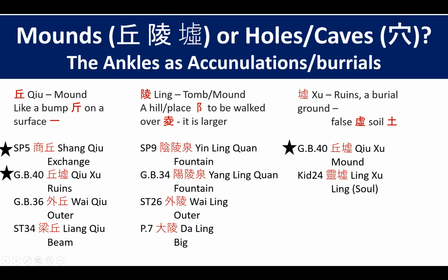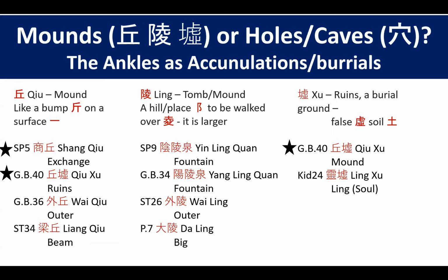So what we're seeing at the ankles is there's a whole bunch of things that accumulate. We have the character Chu, which is a mound. And so we're seeing spleen 5 has this and gallbladder 40 has that.